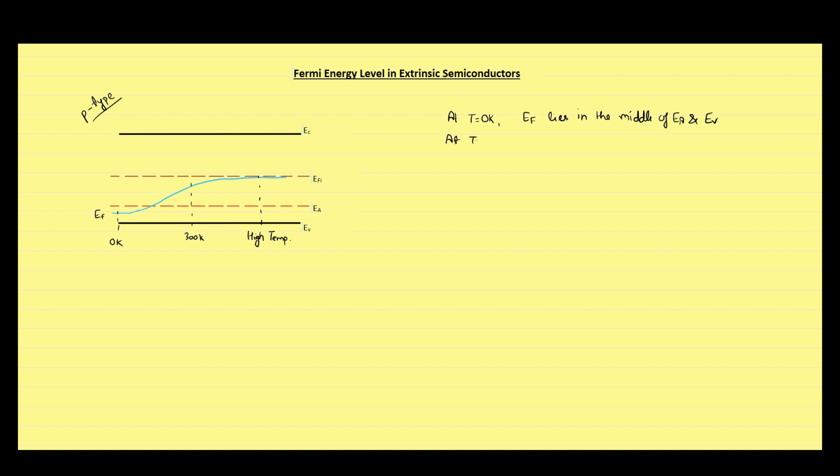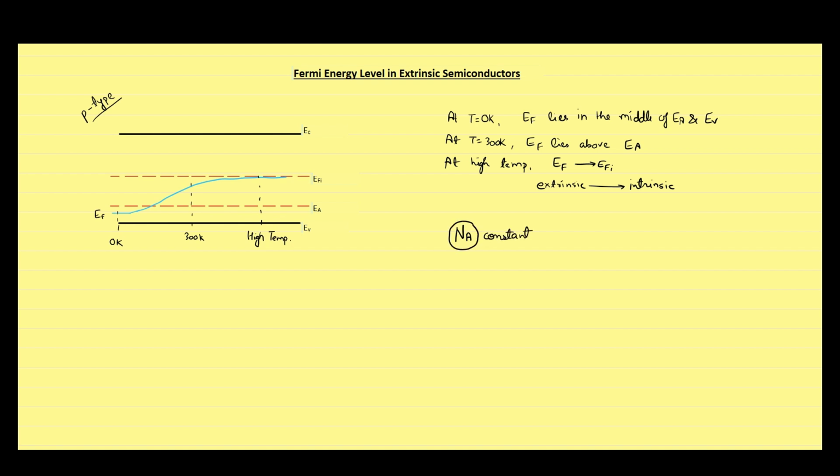And at room temperature, EF lies above acceptor energy level EA, and at high temperature, EF approaches intrinsic Fermi energy level. Therefore, extrinsic semiconductor at high temperature behaves more like an intrinsic semiconductor. And obviously, here also we have assumed that the doping concentration of acceptor atoms is constant.